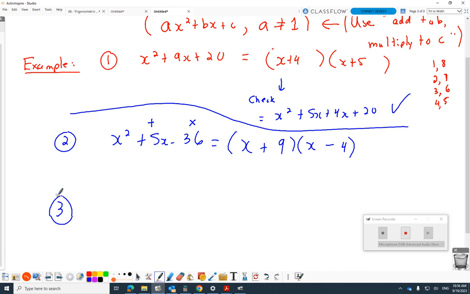Well, wake up for this one. Is this a 3-term quadratic?